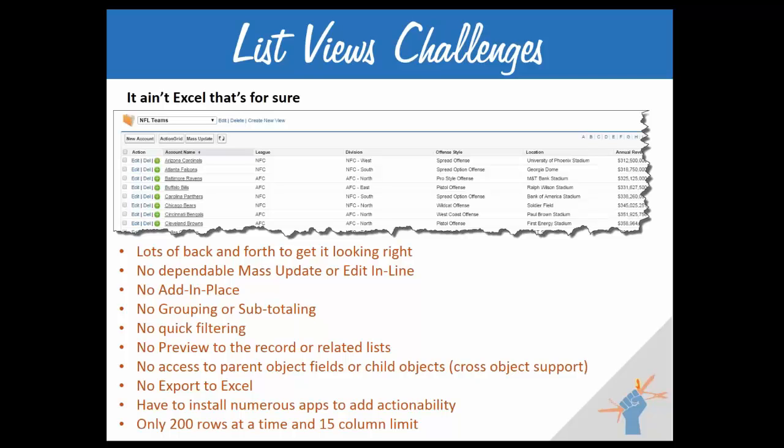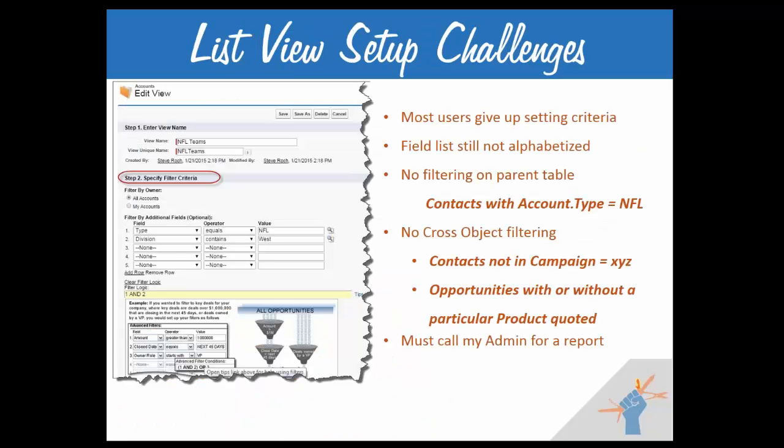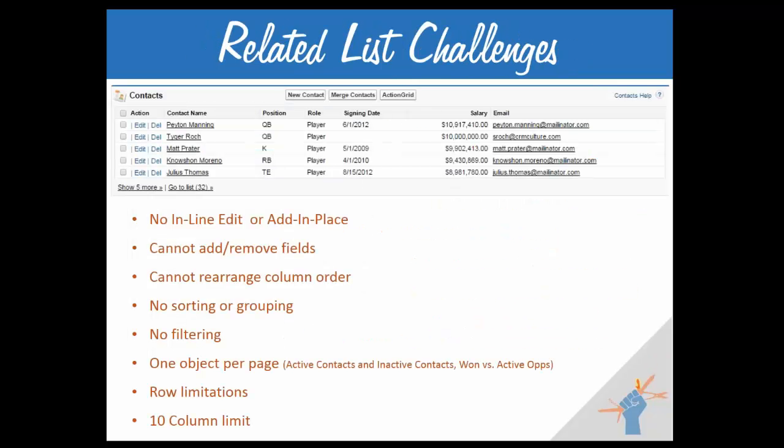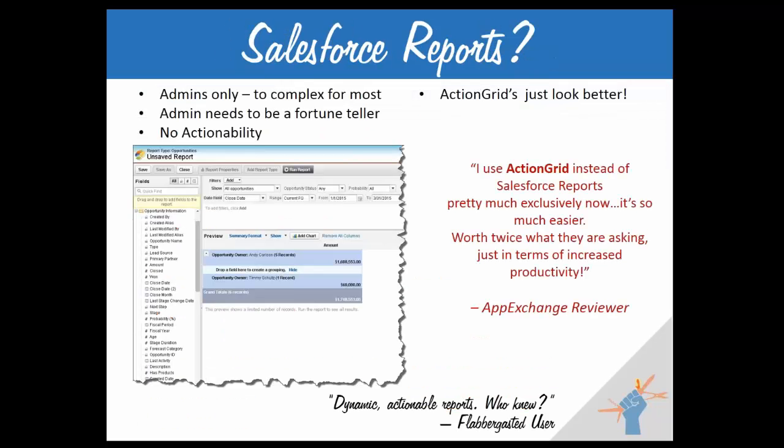I know most SEs are demoing with Lightning now, but it's still not going to be even close to the ActionGrid experience. List view challenges, we can do cross objects and all kinds of stuff, and out-of-box Salesforce cannot do that. And then related list challenges. This is where you could really use this in Lightning, to solve all of the difficulties with working with related lists.